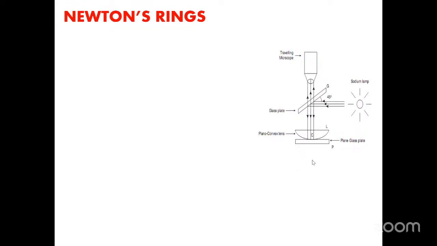Okay. So in this, you can easily observe that when the plain glass plate and the plano convex lens are meeting, where they are in contact, you can see. This is the plain glass plate.